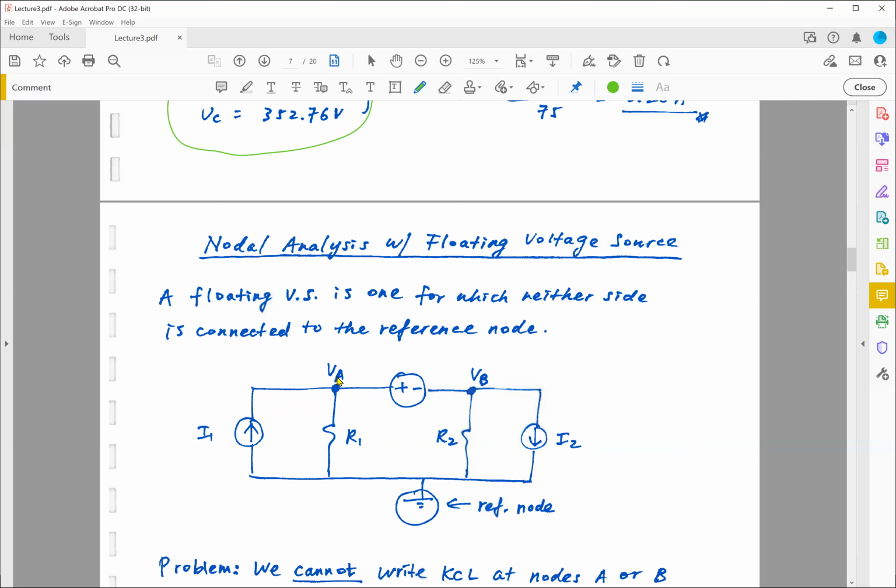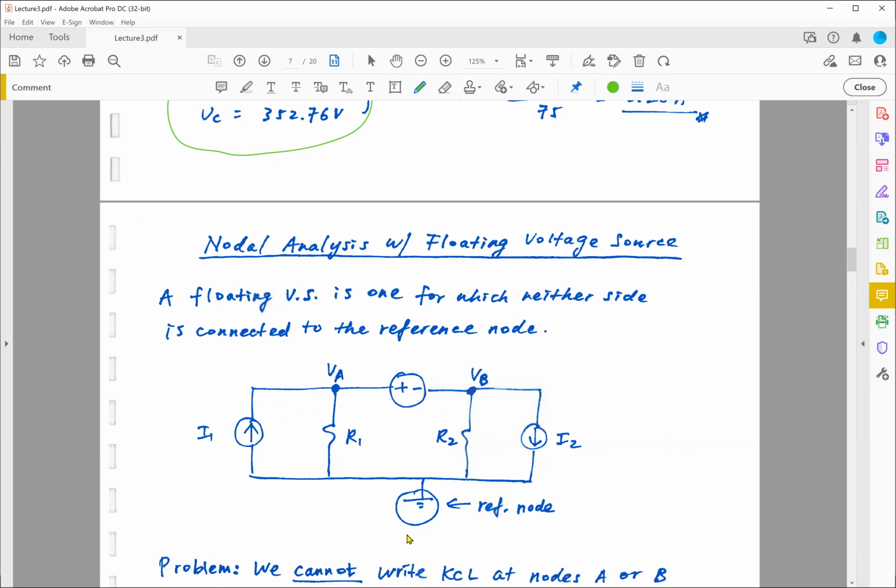But now you notice that between node VA and VB, I have a voltage source. And this voltage source is going to create a problem. Now, if you look at this voltage source, we call this a floating voltage source because neither end of this voltage source is connected to the reference node.